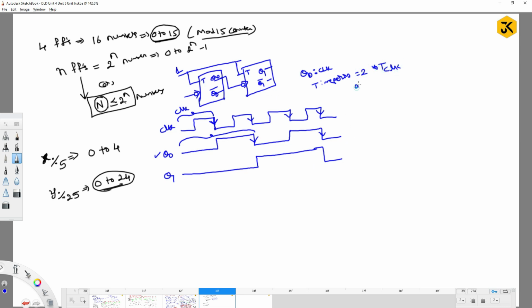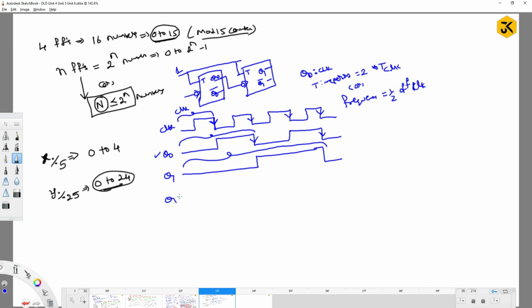So in other terminology, in terms of frequency it is half of the clock. Okay, fine. What about this one? This is 1/4 of the frequency of the clock, right?